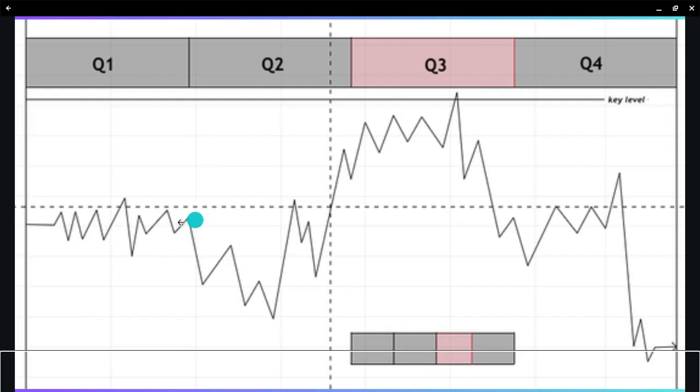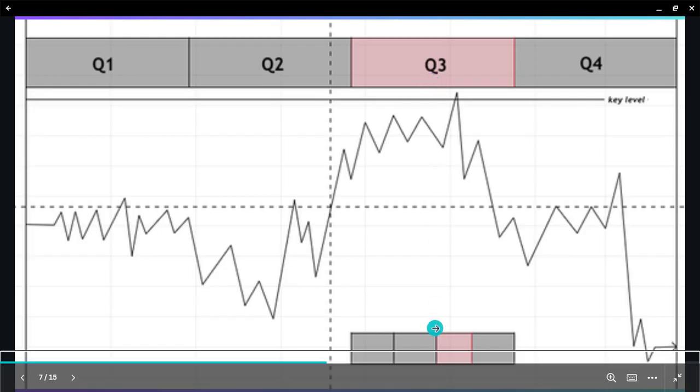You'll see price hovering around above or below a key level or any particular PD array. Key level is basically a PD array, guys. So you'll see price hovering around here and there. During the London session, you'll see either a manipulation towards the downside or the upside. And I have noticed one thing as well, that the actual manipulation keeps going from Q2 till the opening of Q3.